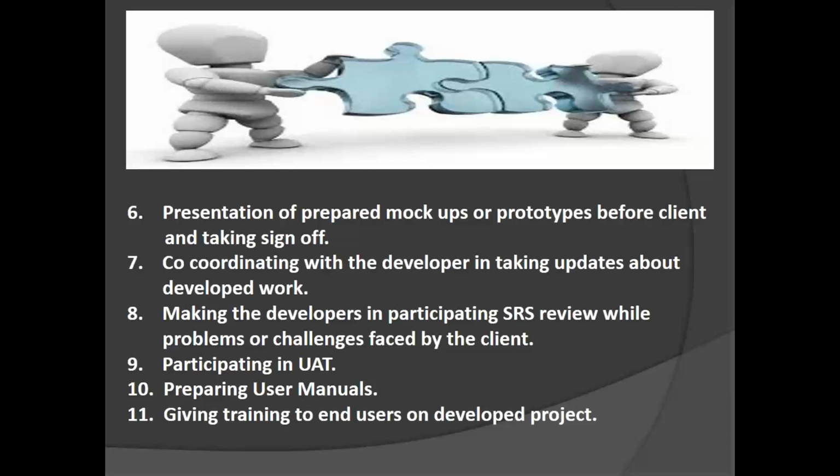And after explaining, the development team starts developing the requirements. So once they start developing the requirements, the BA is going to trace and monitor their work. So tracing in the sense, the BA is going to check whether they are completing their daily targets or not.